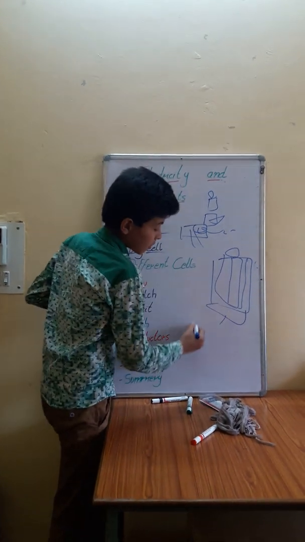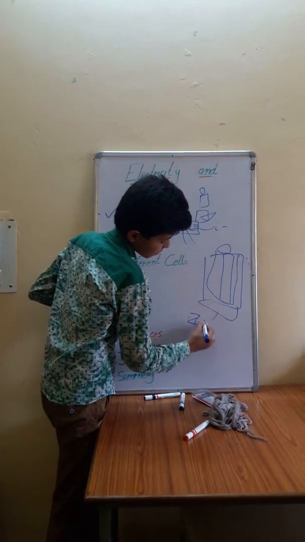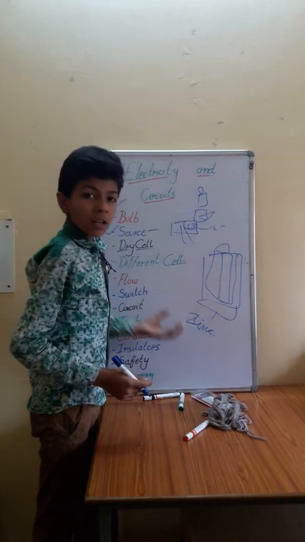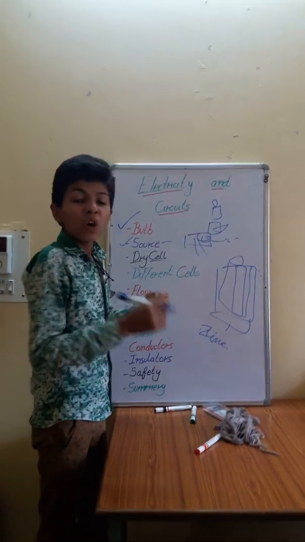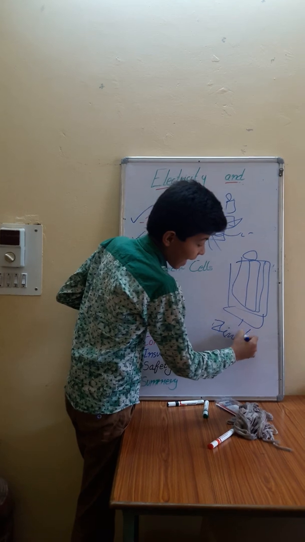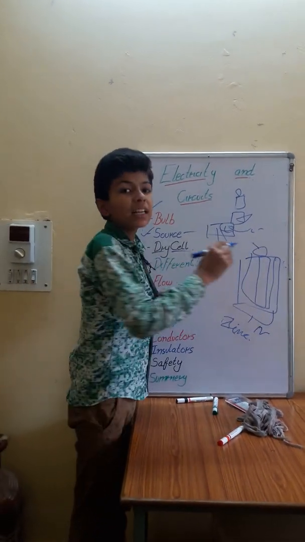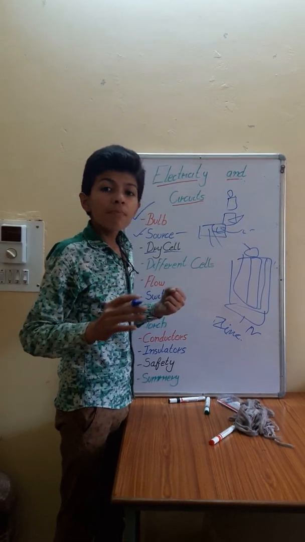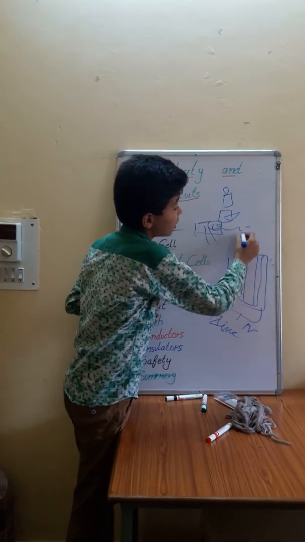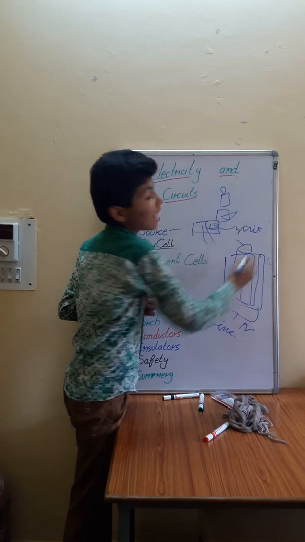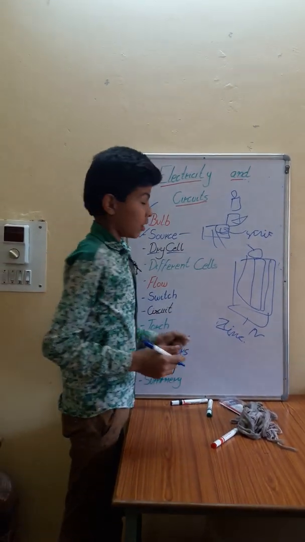It has a zinc metal plate at the bottom which acts like the negative terminal of the cell, and at the top it has a metal cap which acts like the positive terminal.